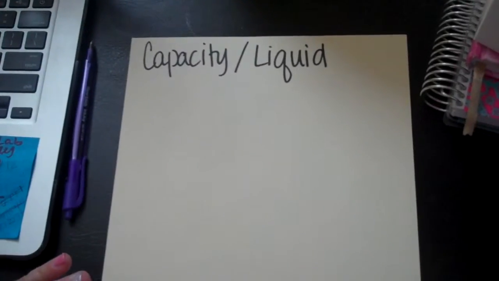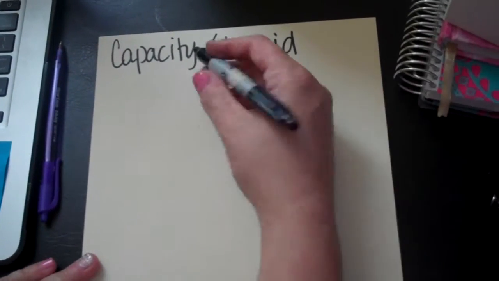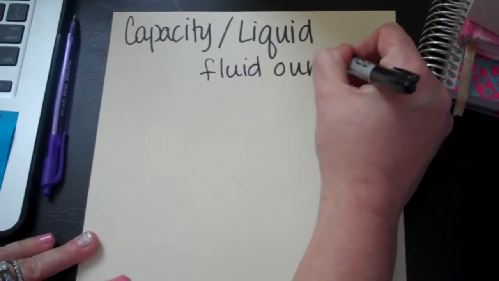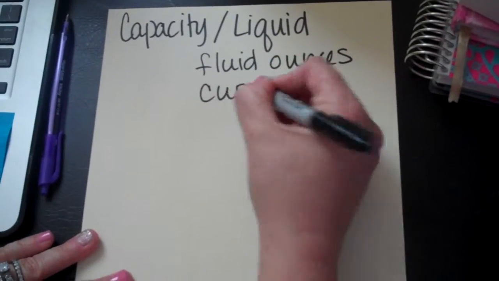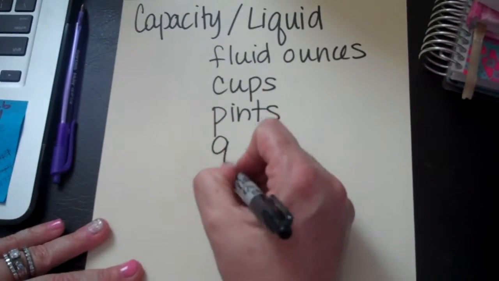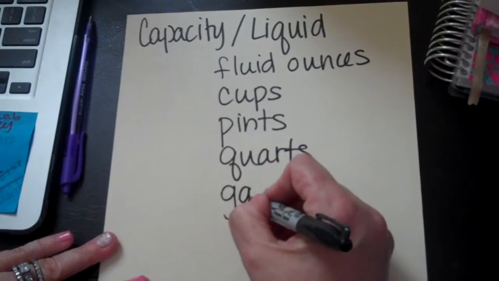Now let's go into liquid capacity. The smallest unit here is fluid ounces. Then fluid ounces goes to cups, cups goes to pints, pints goes to quarts, and we finish up with gallons.